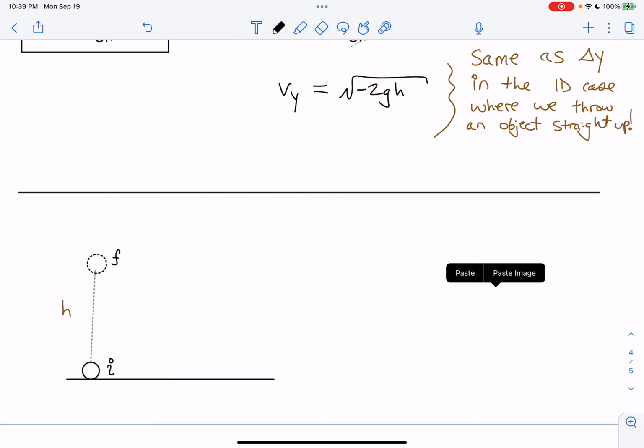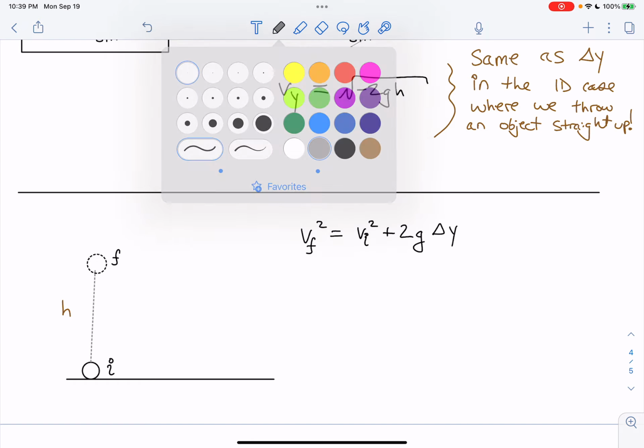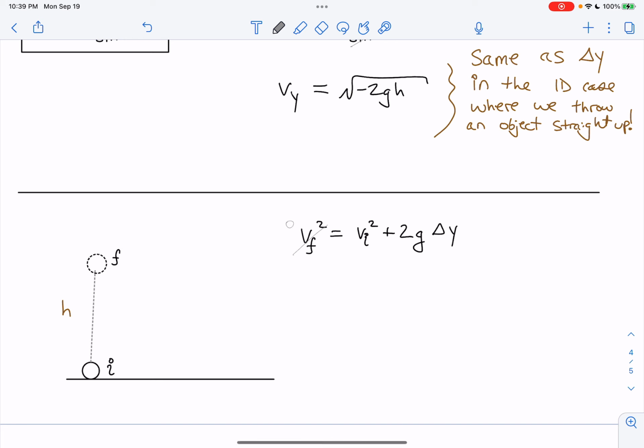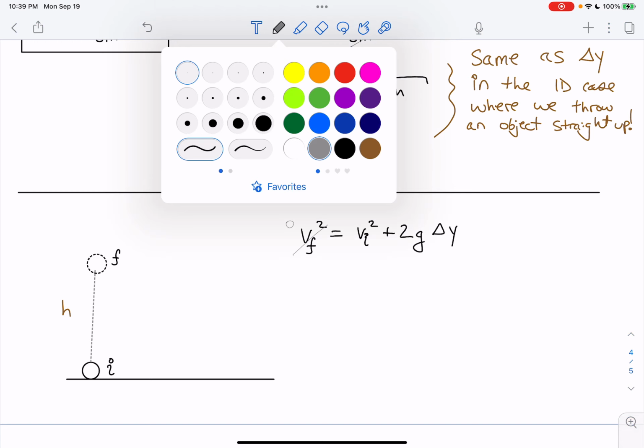Well, how do we look at that? What you can do is v final squared is equal to v initial squared plus 2a, in this case g, delta y. And we know that this final velocity is 0, because that's, by definition, you throw it in the air, and when it is at the maximum height, it's going to stop.